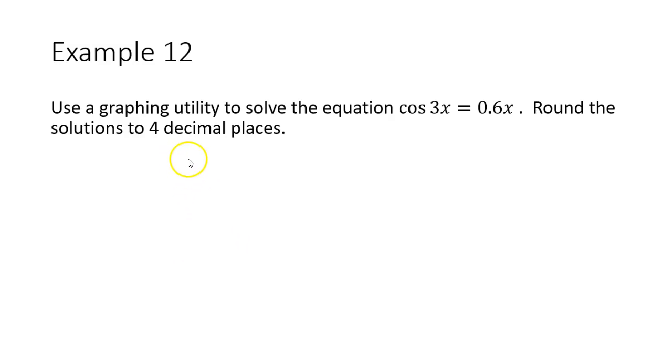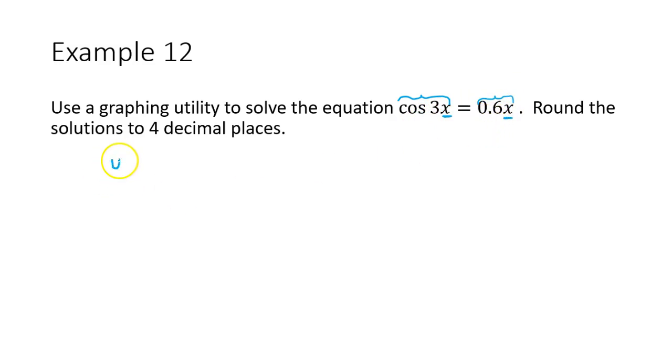Okay. What we're going to do, since we're going to be using a graphing utility this time, or a graphing calculator, I'm actually going to be using Desmos, and I'll pull that up in just a second. So the variable we're trying to solve for here is going to be x. And what I'm going to do is separate this into 2 equations. One equation is going to be this side of the equation right here. The other one is going to be this side of my problem over here.